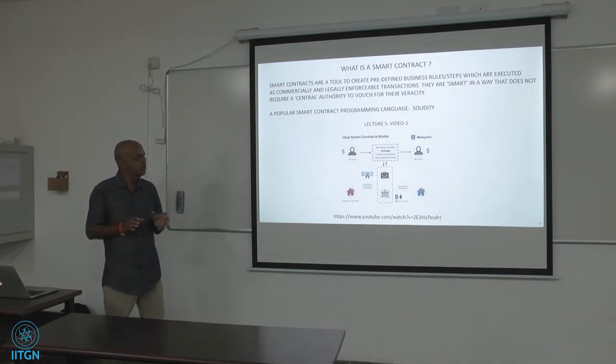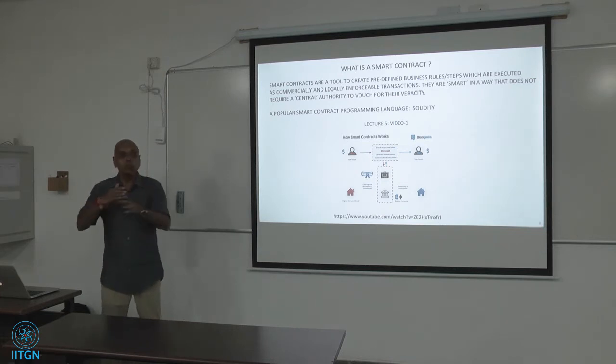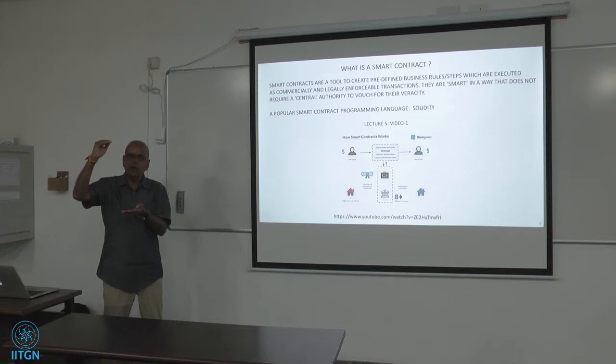So what you do is encode the business rules and business steps. For example, lawn mowing in America, right? You have a deal with someone that for the summer they will come to mow your lawn, and you have agreed to pay some money once the lawn mowing is done, either every month or every week or when the whole summer is done. So there are business rules: if you do so much work, I'm going to pay so much money. It's a rule, right? So you can encode all those rules in some smart contract.